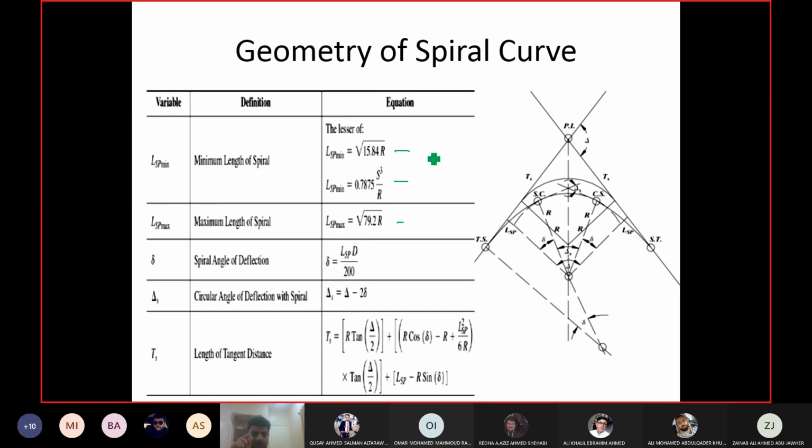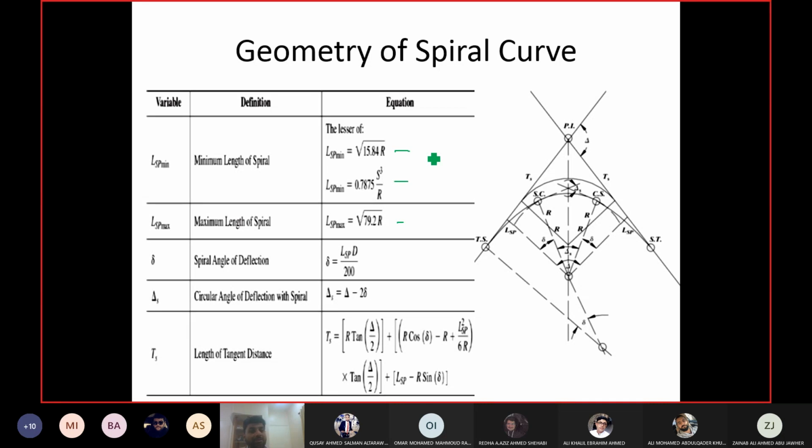Now, keep one rule in mind. Whenever I talk about R, the radius of the curve, or D, the degree of the curve, with the circular curve, that means I am talking about the radius of the circular curve which you will achieve at the end. When you reach the end of the spiral curve, you are entering the circular curve.